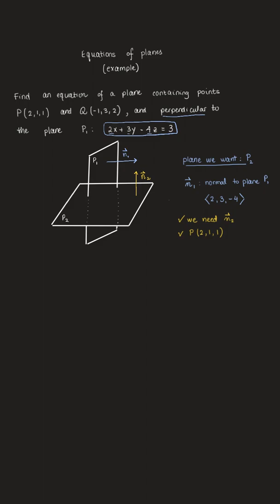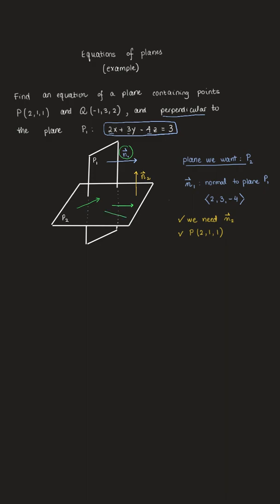How are we going to find n sub 2? Well, we know that a vector on plane P2, maybe it looks like this, will be parallel to n1. No matter where I put it, right? If I put a vector here, that's still going to be parallel to vector n sub 1.